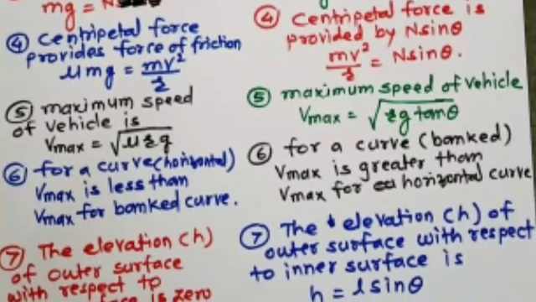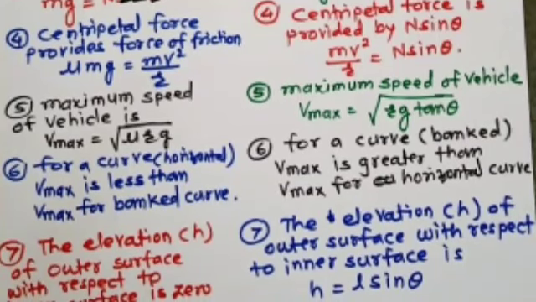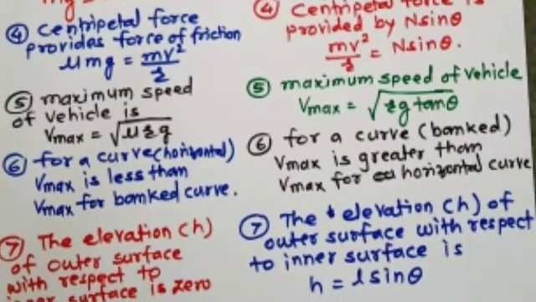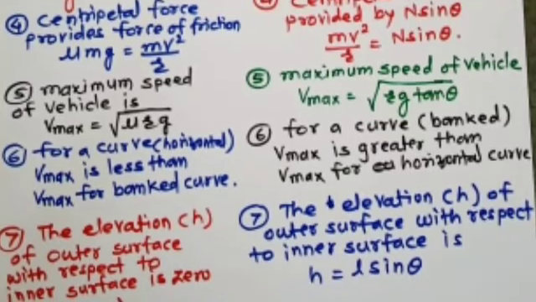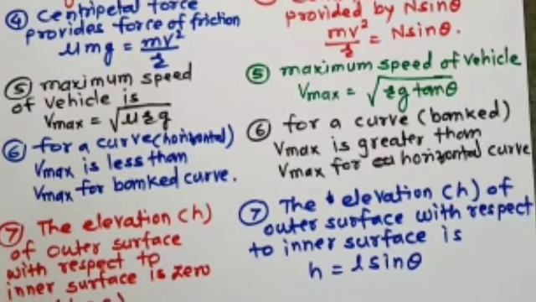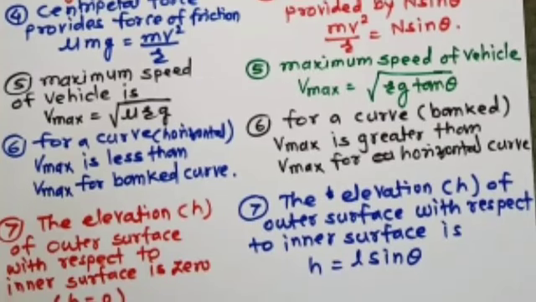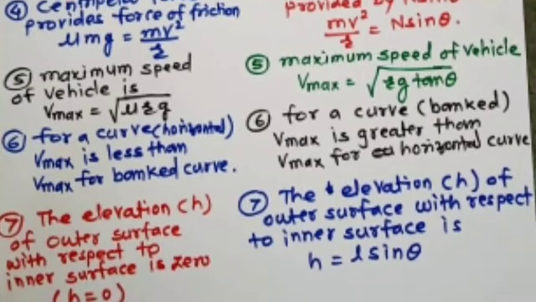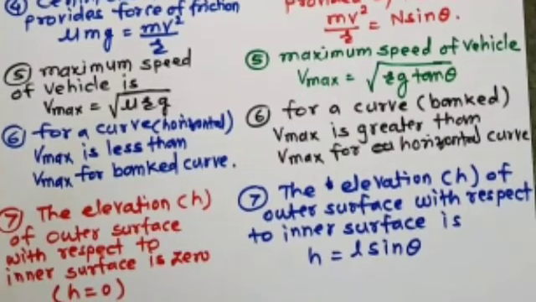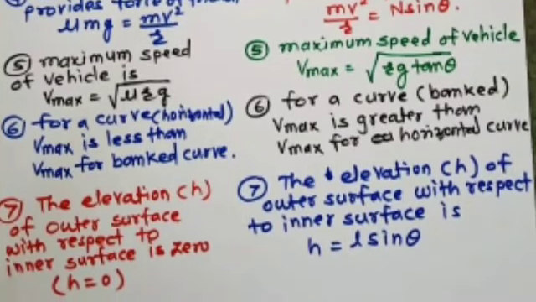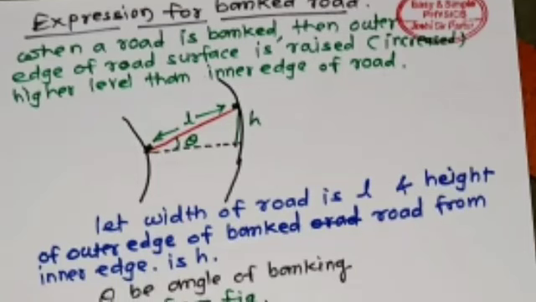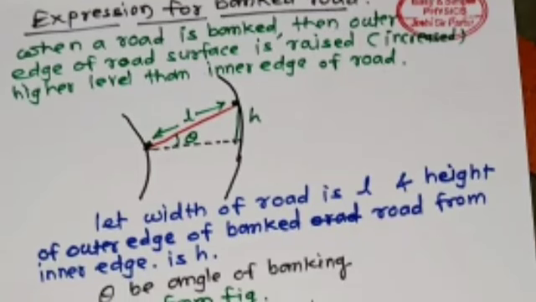In a horizontal curved road, the height h of the outer surface with respect to the inner surface is 0, whereas in a banked road the elevation h of the outer surface with respect to the inner surface is h equal to L sin theta. We have seen the expression for a banked road.